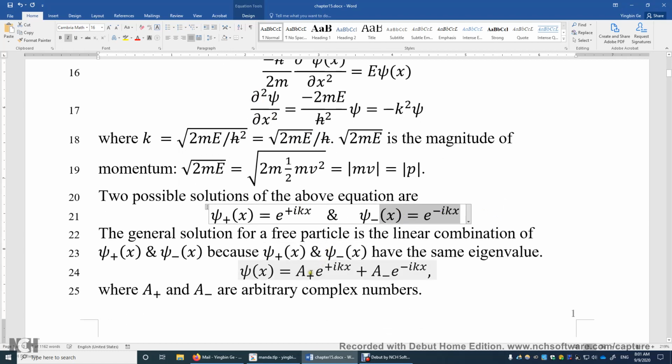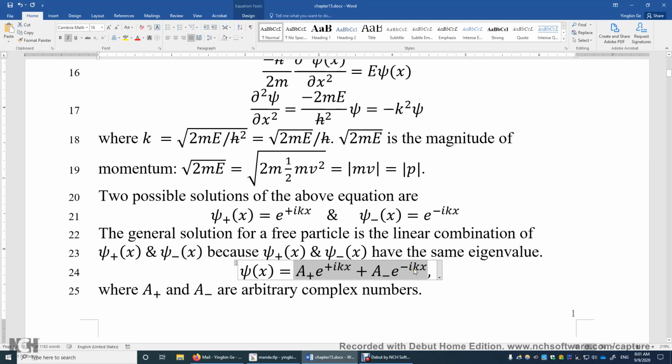Therefore, we can just do a simple linear combination. That means we just multiply e to the power of ikx by a constant, multiply e to the power of negative ikx by another constant, and we sum it up. Again, A plus and A minus can be any number. They can be positive, they can be negative, real numbers.